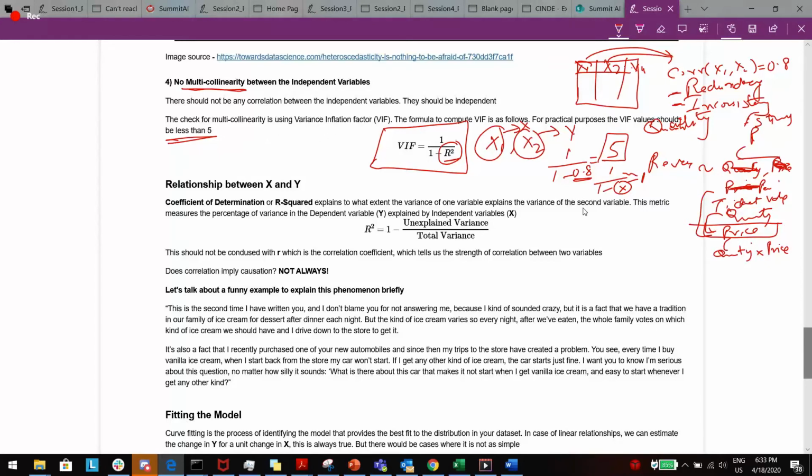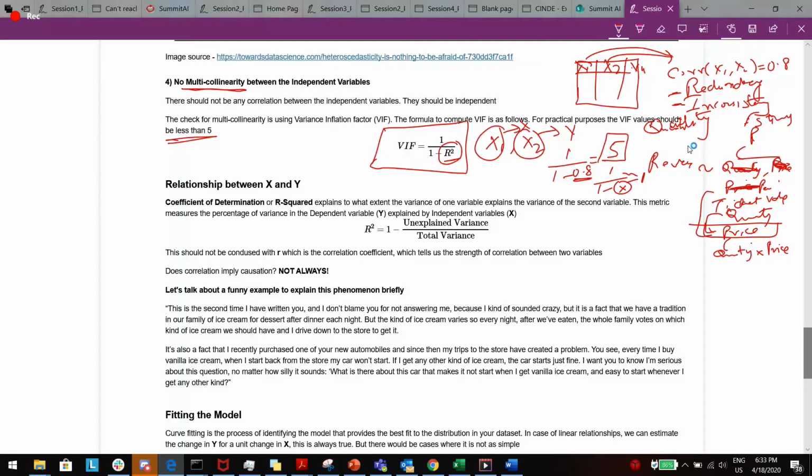Any questions on this particular assumption? Also, if you are using R, I'm not sure if you have an inbuilt module which can give you VIF, because I remember last time we built in R, we wrote a custom function to get the VIF, and the same is the case with Python.